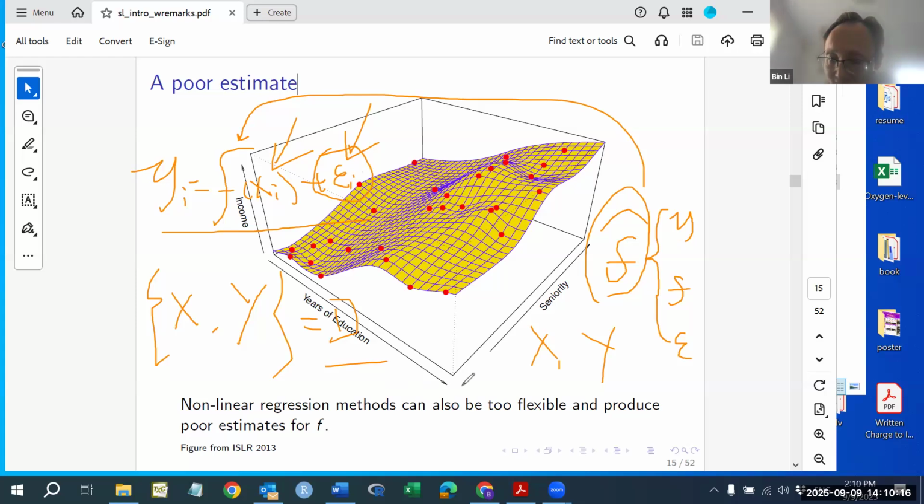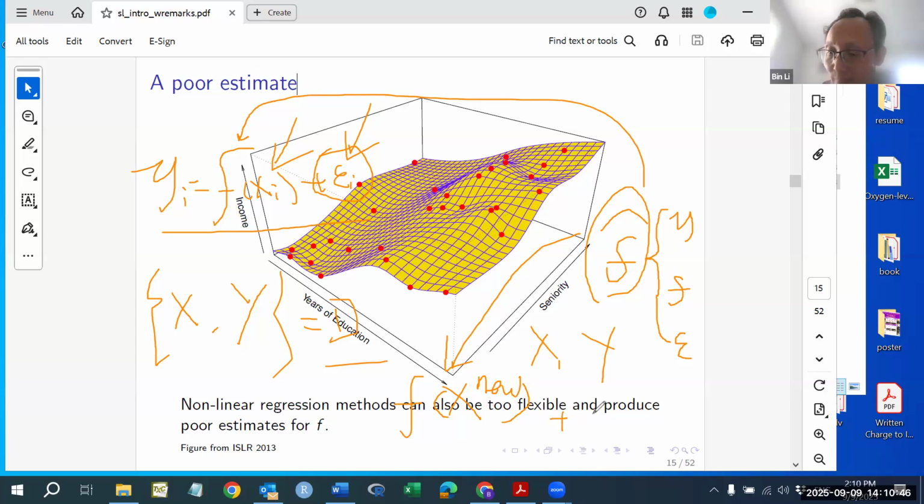Because if I give you a new data set, let's say X new, and you use this model to fit on it, what is the part that is related to the previous? The part that is related is the f of x new.